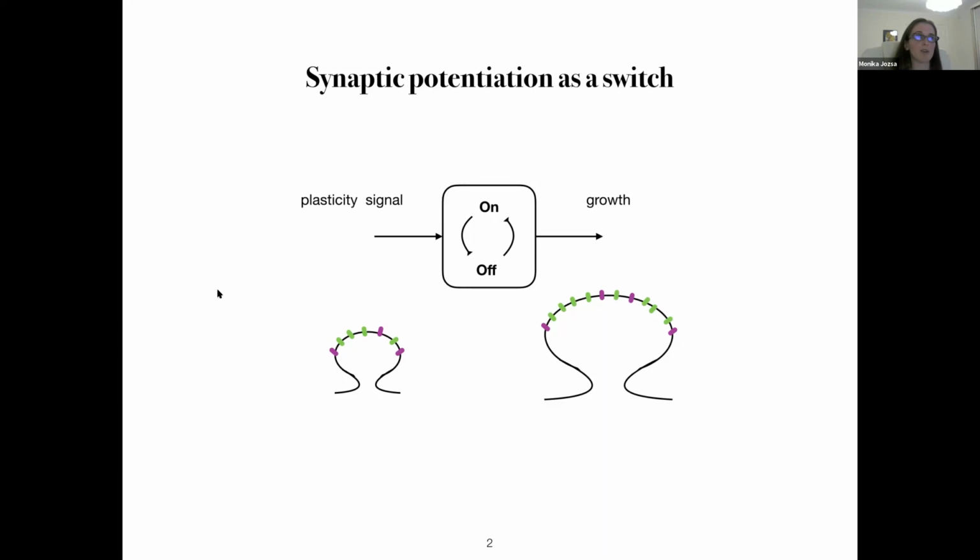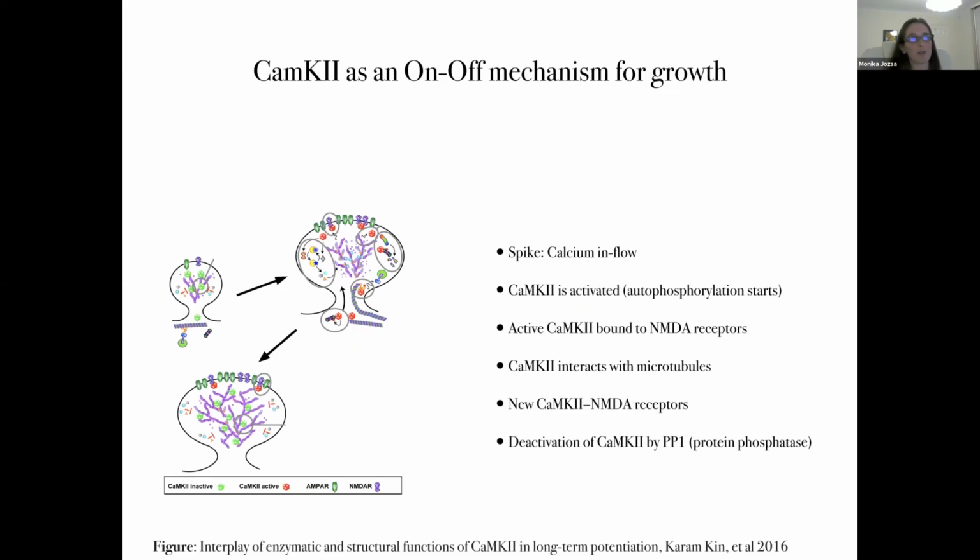So for this to happen, you need a switch mechanism inside the synapse, which happens through many complicated chemical reactions. One that's proven to be necessary for it is the autophosphorylation of CaMKII. This is a complicated picture, and I won't go through it because it is not the focus of my talk.